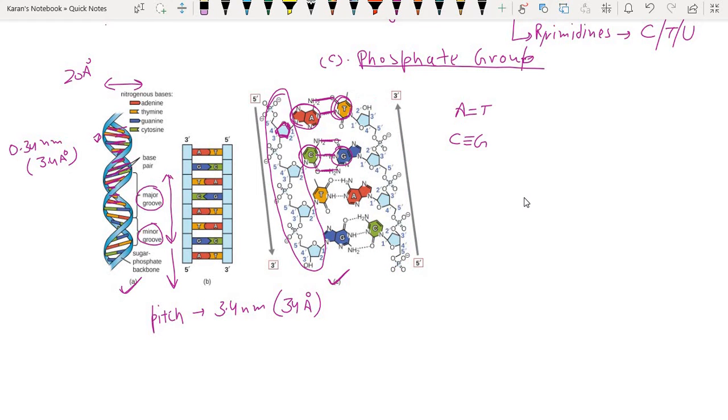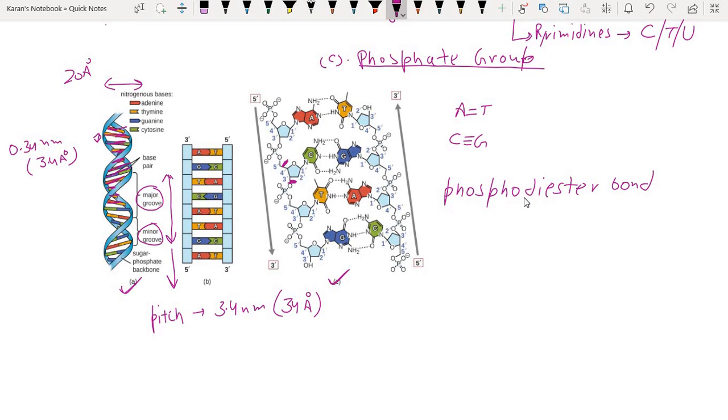Now if I go more in detail about the structure, you can see here the bond between O and C, and this bond between O and C. These are the ester bonds, and since there are two ester bonds, it is also known as phosphodiester bond.